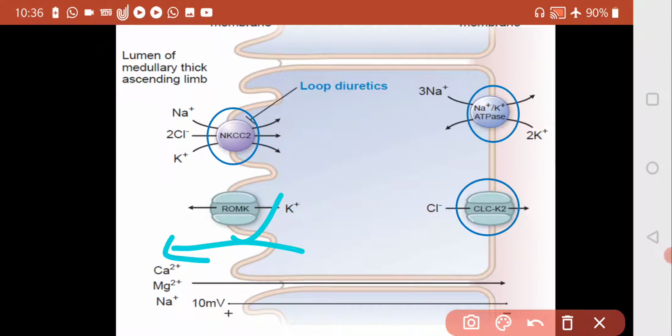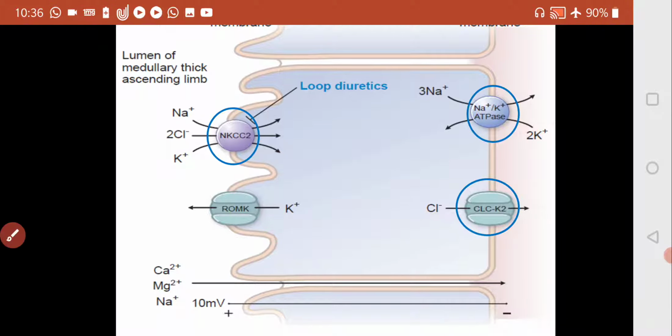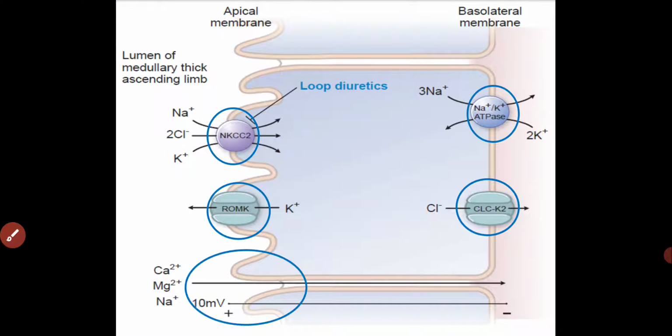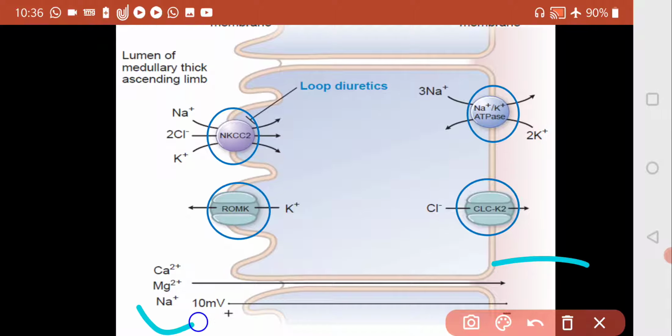Due to this chloride channel and potassium channel, there is generation of a positive voltage.